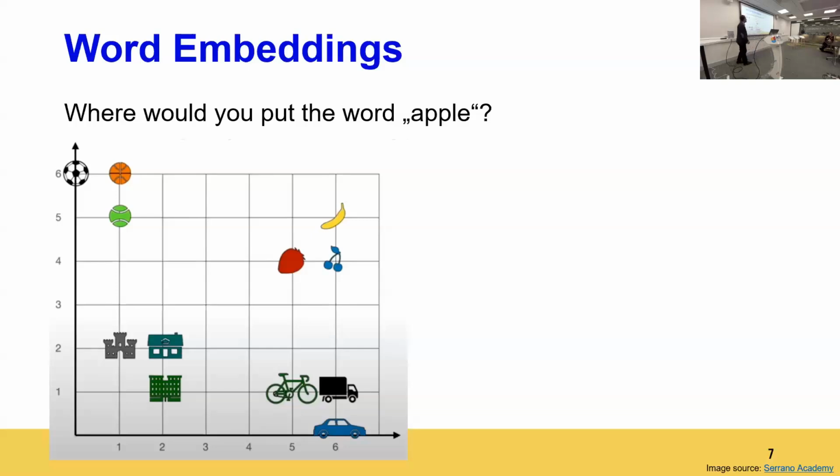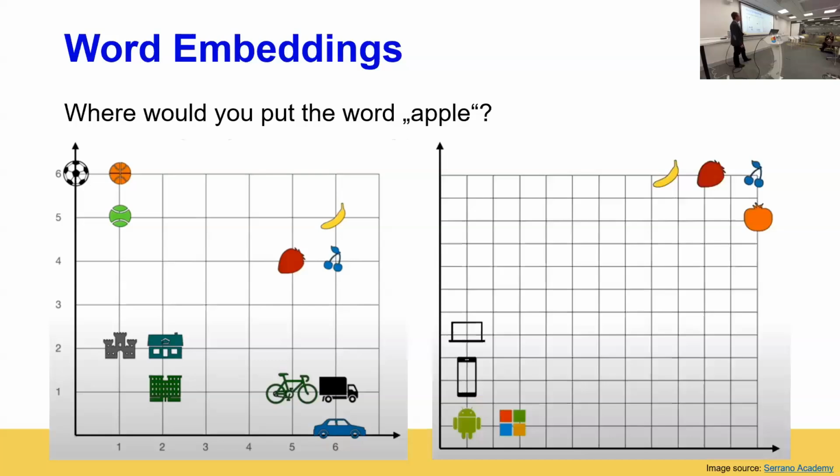So where would you put the word apple in this space? Yeah, somewhere here, close to the other fruits. That's pretty clear because it is more related to fruits here than to buildings here.